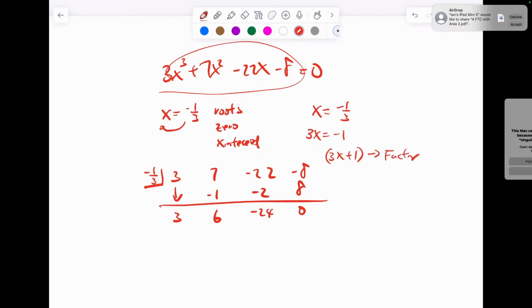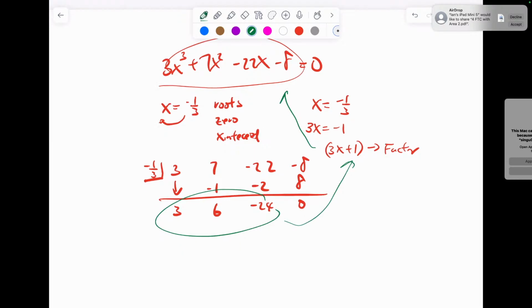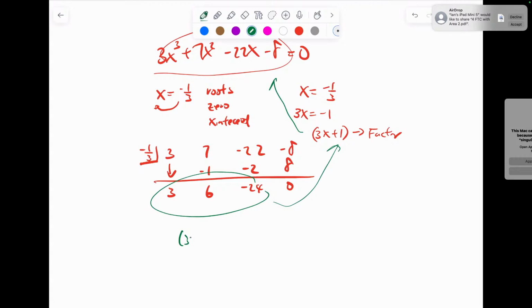So this times this is equal to this. Does that make sense? Because if you take that divided by -1/3, that's going to give you this one. So this times this has to equal the other one. Therefore, it's going to be 3x plus 1 times 3x squared plus 6x minus 24.